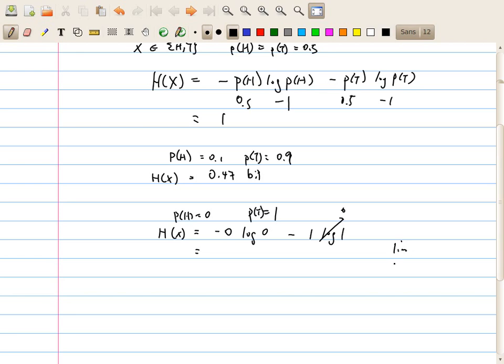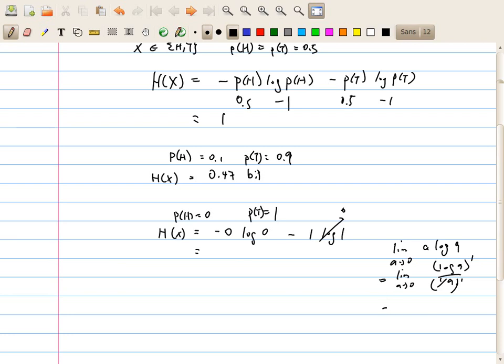Let's say we take the limit as a goes to 0 of a log a. This is equal to the limit of log a over 1 over a, as a goes to 0. Now we can use L'Hopital's rule, basically taking the derivative of the numerator and the denominator, which won't change the limit.